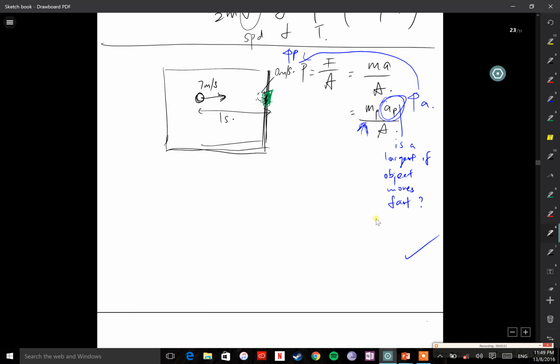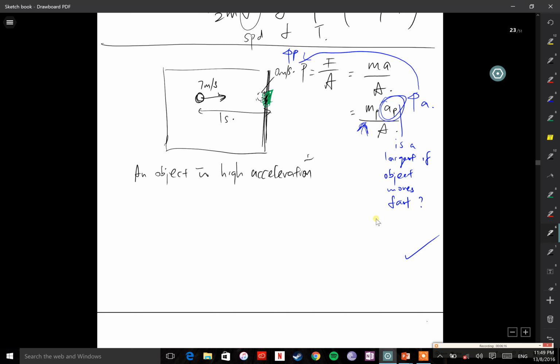So, faster object, or rather you shouldn't say faster object. An object with high acceleration.